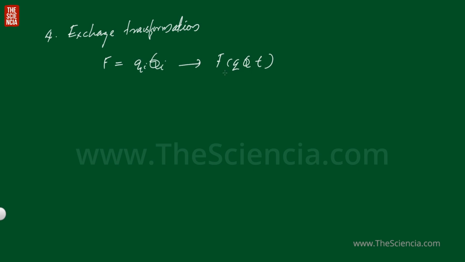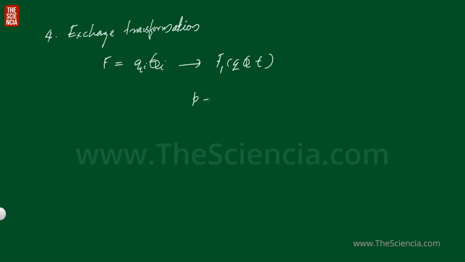Fourth example, exchange transformation. So the given generating function F is equal to qᵢQᵢ. So this one will be F of q, Q, t, that is F1, right? So what will be the canonical transformation equations?